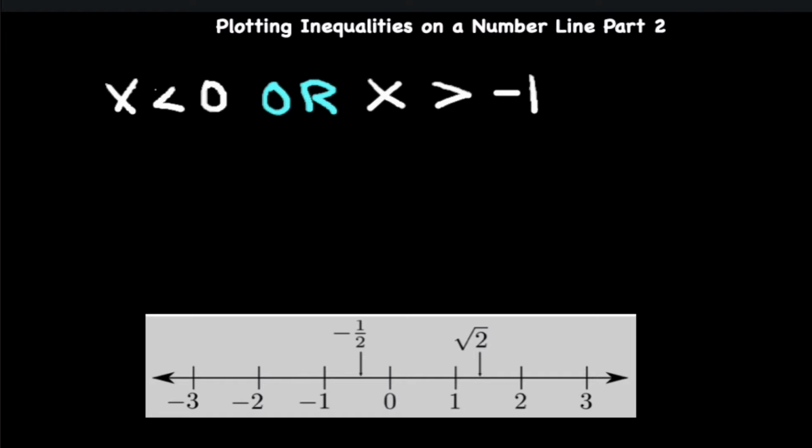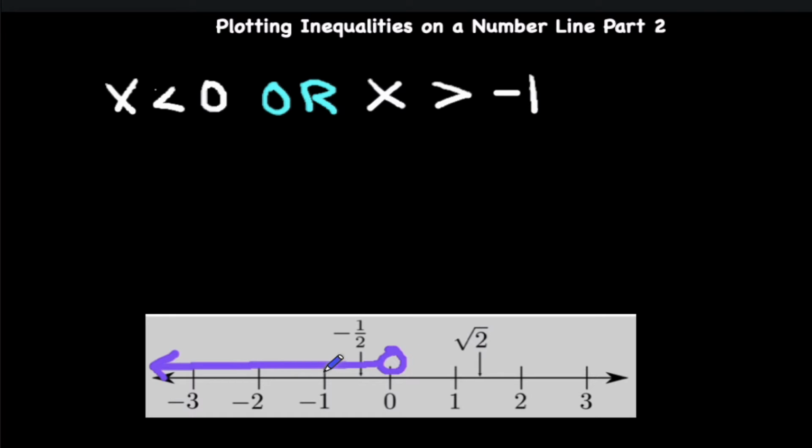So we're going to go ahead and plot these two inequality expressions separately. The first one being x is less than 0. So we know this is going to be an open circle due to the inequality symbol, and we're going to shade towards the left. Or x is greater than -1.